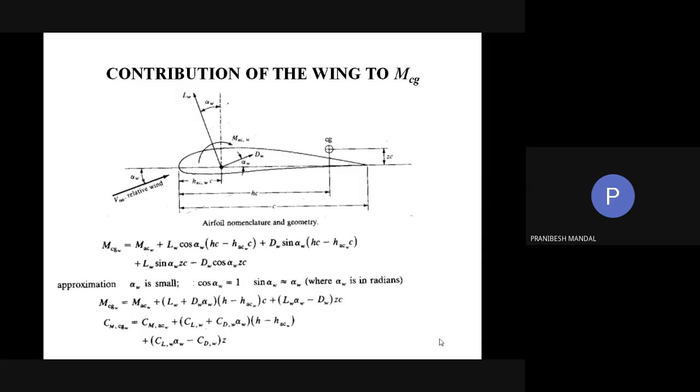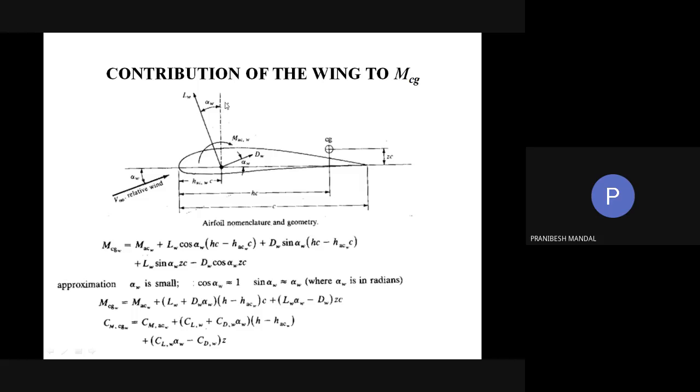Okay. So the moment about the CG for this consideration is obviously provided by this particular equation. Just follow this particular equation. MACW will be there. Fine. Lift will have two components.